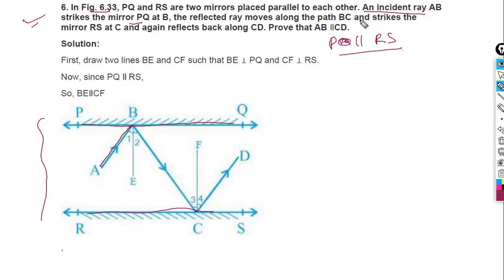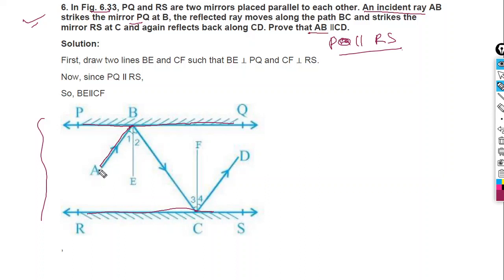Now the ray strikes mirror RS at C and again reflects back along CD. Prove that AB is parallel to CD. What has happened?